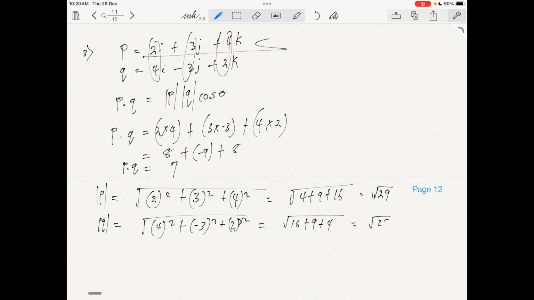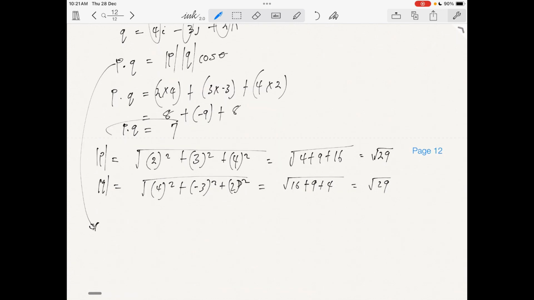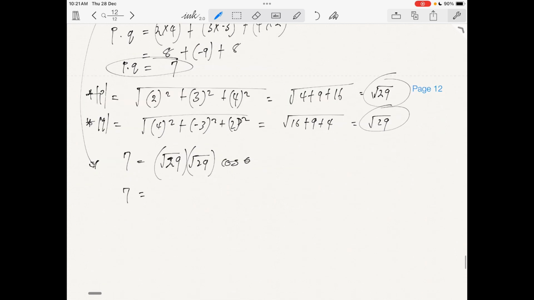So let's substitute back into our formula, where p dot q is 7, modulus of p is root 29, and modulus of q is also root 29, and everything multiplied by cos theta. So 7 equals root 29 multiplied by root 29, that's root 29 squared, times cos theta.